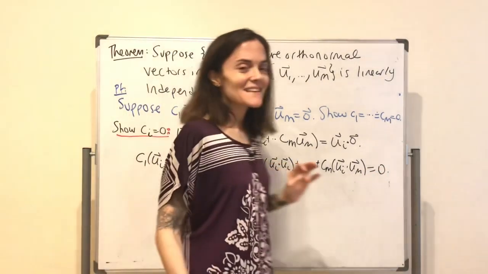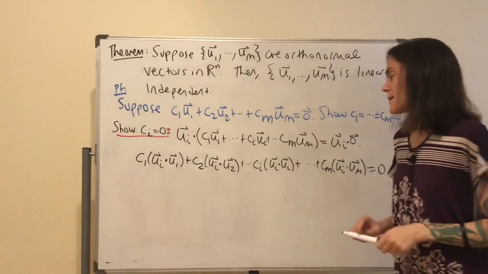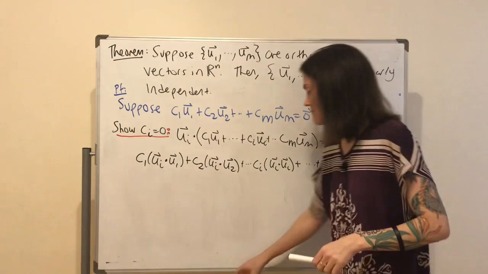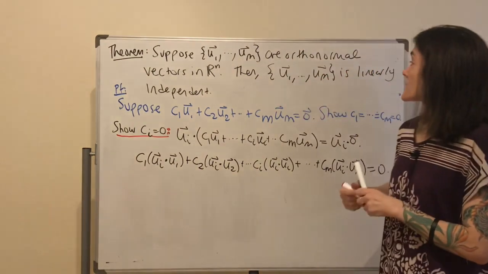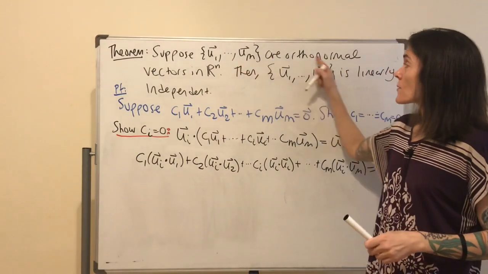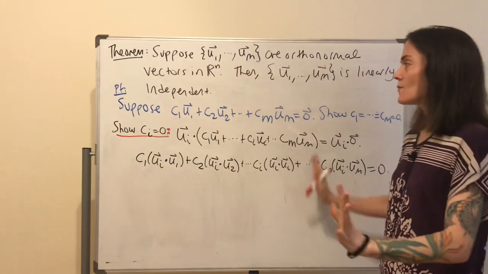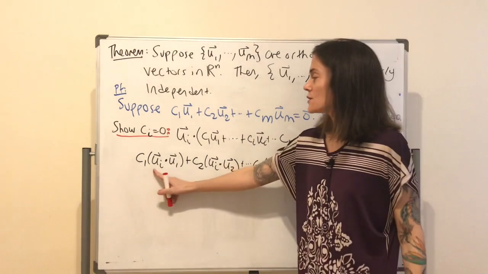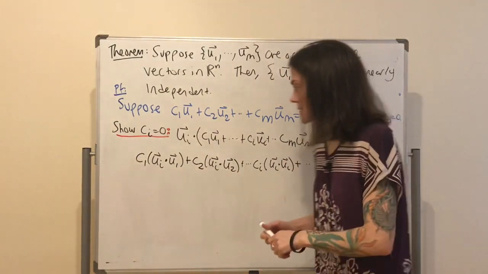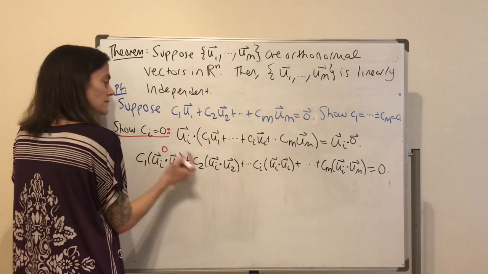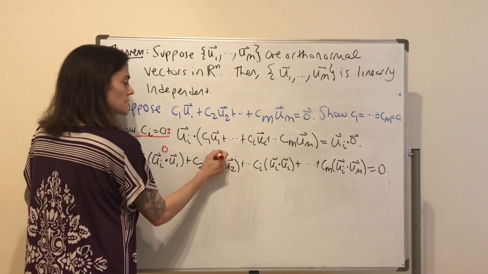Okay, maybe it looks complicated, except we're in really great shape because we are assuming that u1 to um are orthonormal, which means ui dot u1 is 0. ui dot u2 is 0.